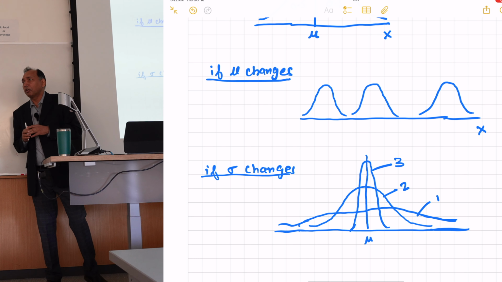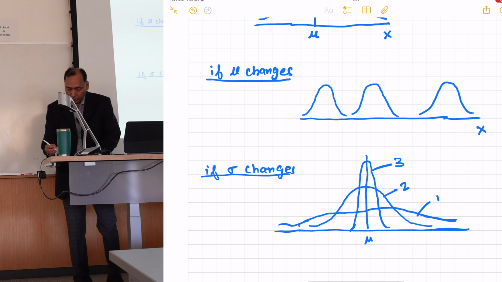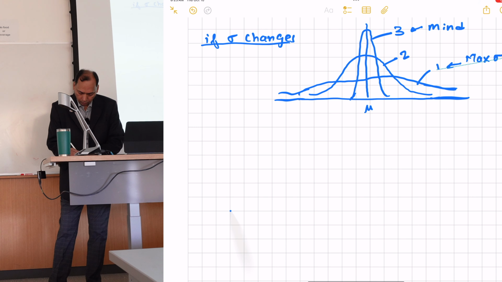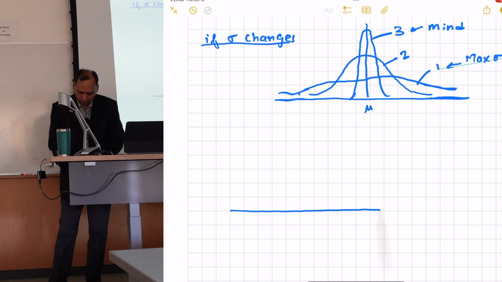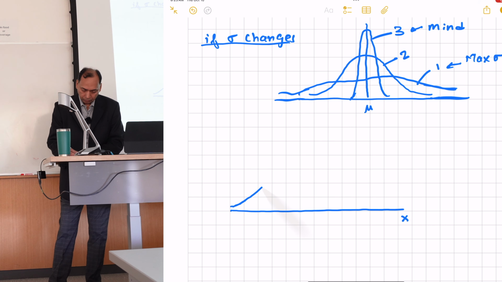Just like in your histogram, if you have a lot of variability, there will be a lot of spread in the data. This one has the maximum sigma, and this one has the minimum sigma out of the 3. If this is your x-axis, and I draw this normal distribution, that line starts to go up, reaches a peak somewhere here, where you have this mu, then it starts to fall.